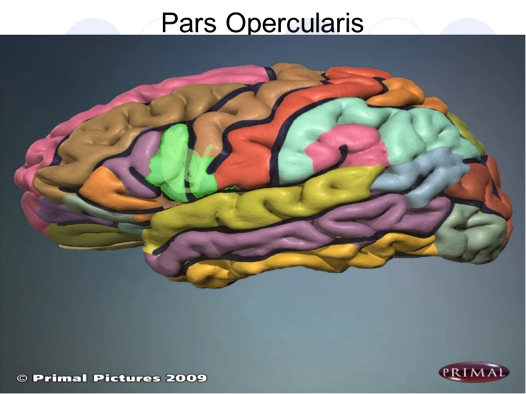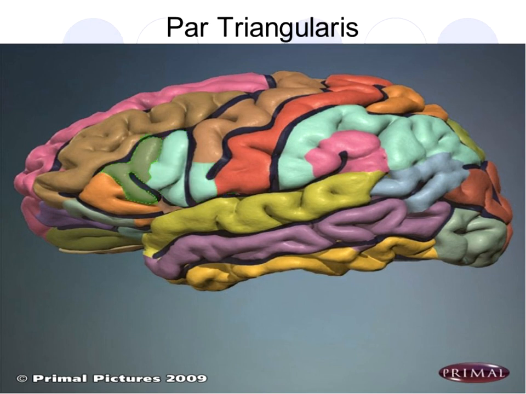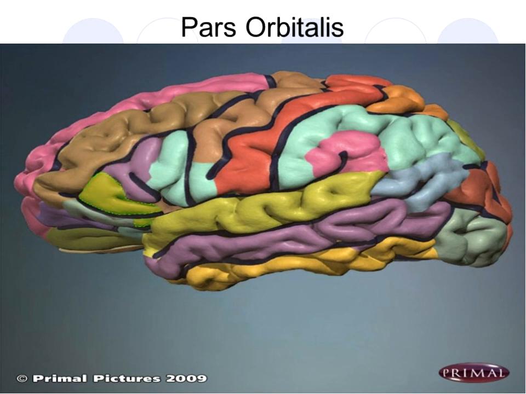All of this is part of the inferior frontal lobe. Here is pars triangularis. Pars triangularis. Okay. And here is pars orbitalis. All right.